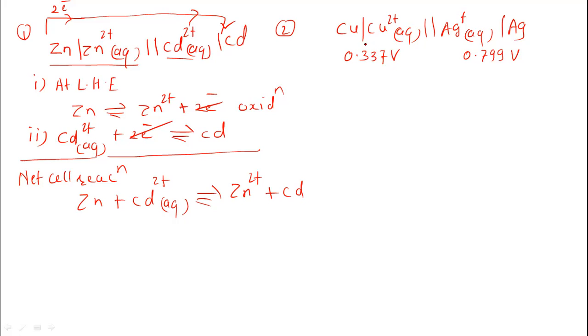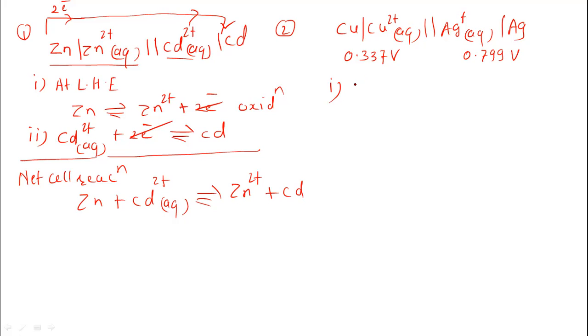So the copper electrode has the lower reduction potential, hence it is represented on the left hand side, and the silver electrode is on the right hand side. Let us write the cell reaction of this galvanic cell. A galvanic cell is the combination of two half cells, two different electrodes.